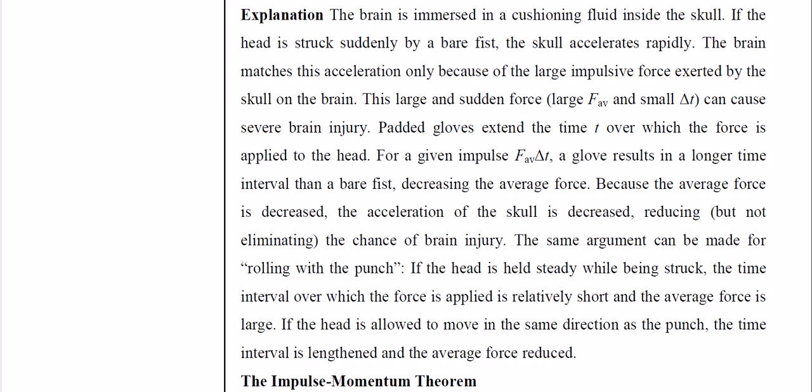If you dive into it, that's why when you dive into a body of water, you are increasing your delta T. If you don't do that, if you belly flop from a bridge onto a river or a lake, then it is like hitting cement because your delta T is so tiny, the force is so high, and now you're brain dead. It isn't that your bones all crumbled. It's just that the change in the velocity was so quick and so much that your brain couldn't keep up with it, and you're done.